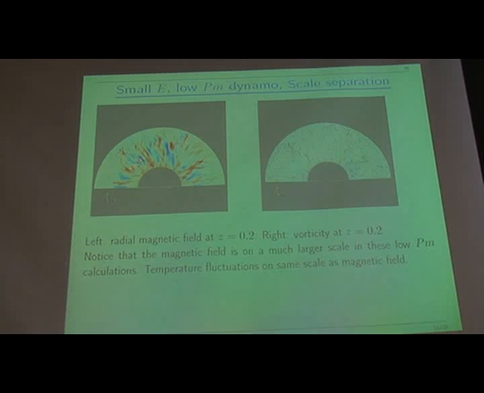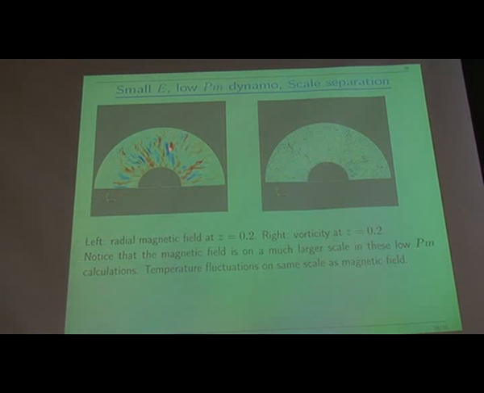Yeah, this is another one which has sort of interested me a bit. This is quite a recent picture. We've had this data around quite a long time, but I just got around to actually looking at it. This sometimes happens, I'm afraid to say. This is the one with Prandtl number 0.1, so one might expect the magnetic field to have larger scale structures than the velocity field. And indeed it does.